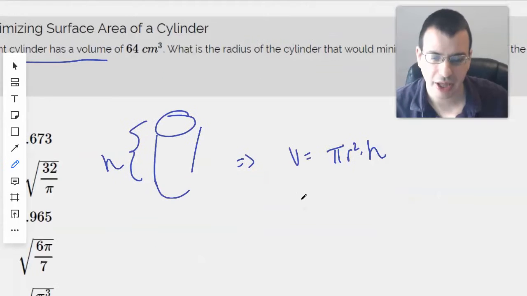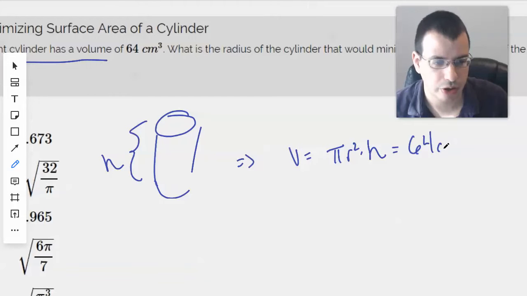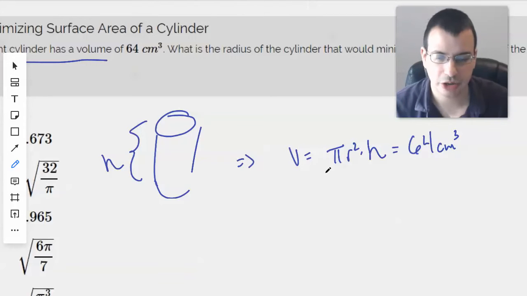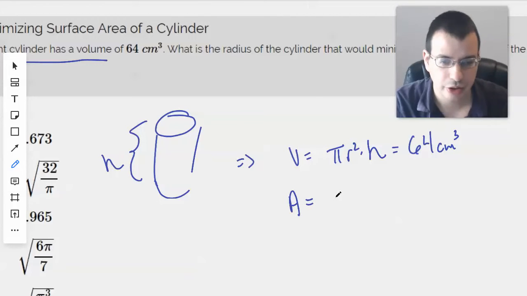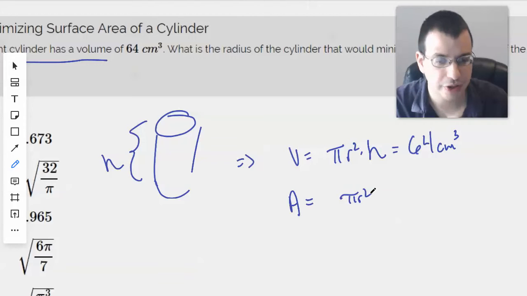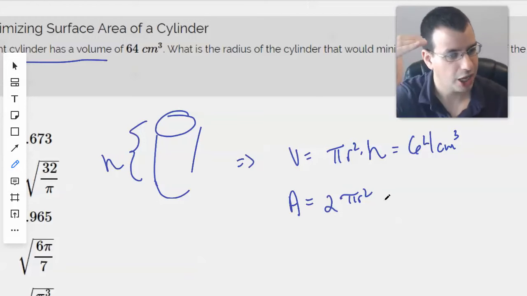Okay. Pi r squared times h, and we know that that equals 64 cubic centimeters. And then we know the surface area will be the area of the top, pi r squared, multiplied by 2 because we have both a top and a bottom.